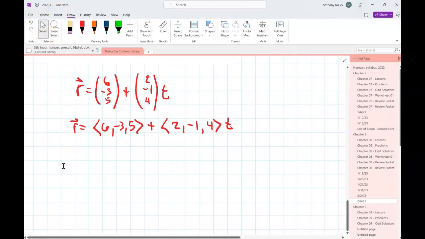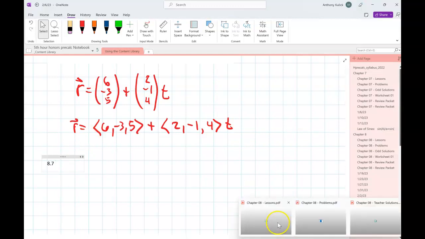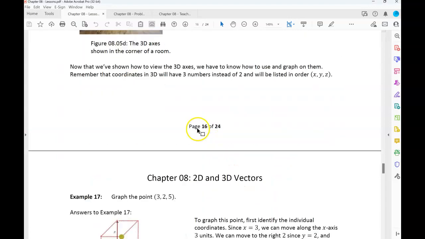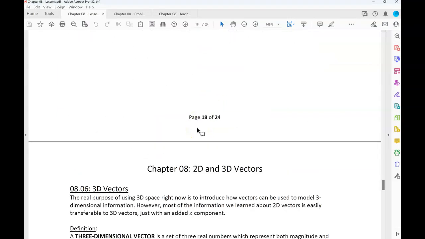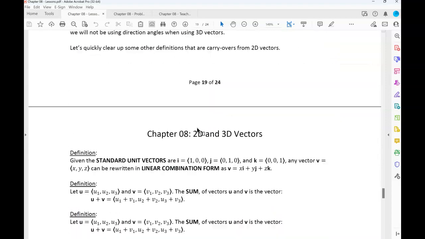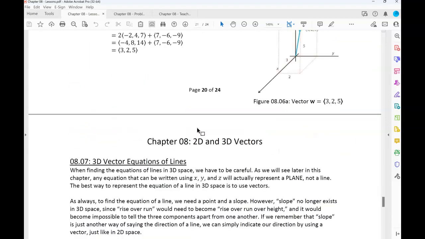So the last topic then in chapter 8, what do we call this section? It's 8.7, I think. Scroll down. Maybe it's 8.8.